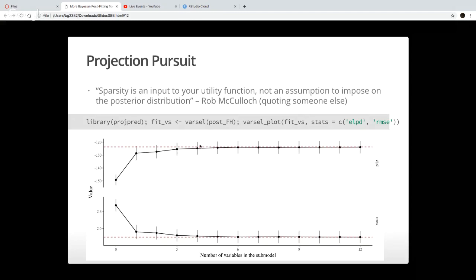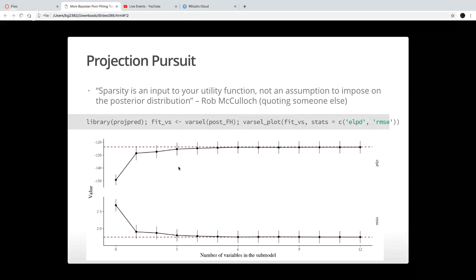And this is sort of telling you that, well, you could estimate a model that had like 4 predictors or 4 coefficients instead of all 12. And the ELPD would be almost as good. The expected ability to predict future data for some model that has only 4 coefficients would be almost as good as the full model that has 12.